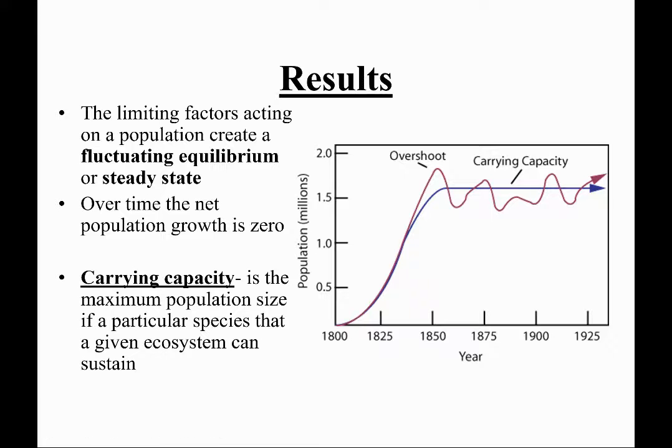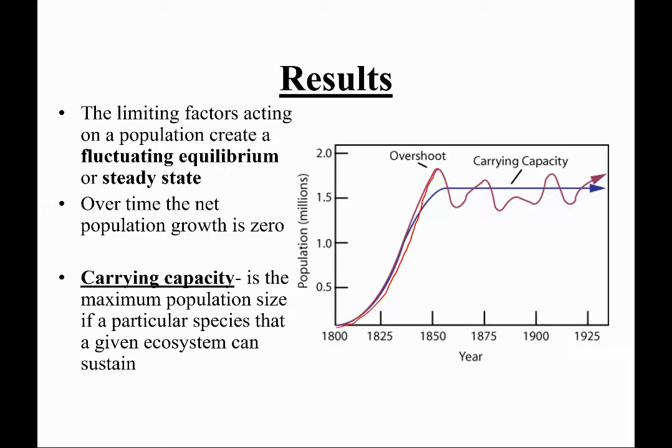So the limiting factors acting on a population create a fluctuating equilibrium, or steady state. Over time, the net population growth should be zero. Now that would be an indicator of a stable population. If you look down at the graph, the population over these years increases.